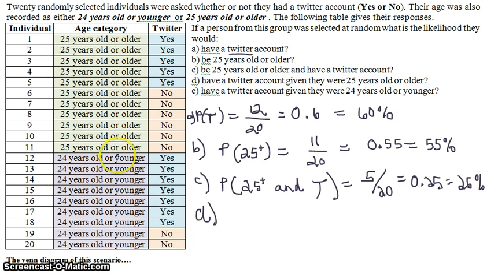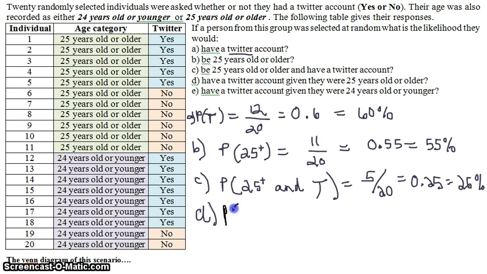So I know that I haven't selected one of these people. I'm saying now I know that it's one of these 25 years old or older individuals, and then what's the likelihood of these people that they have a Twitter account? Well, we can see that that's 5 out of the 11 people. But let's go ahead and write it in notation.